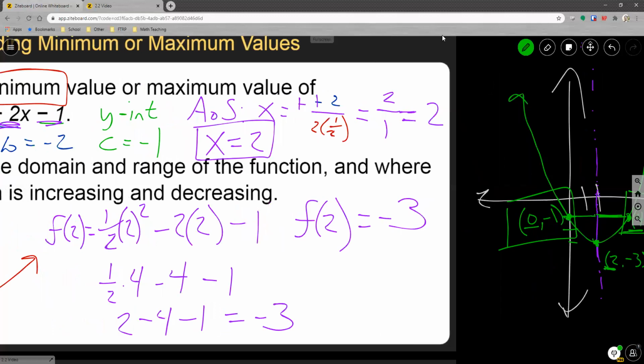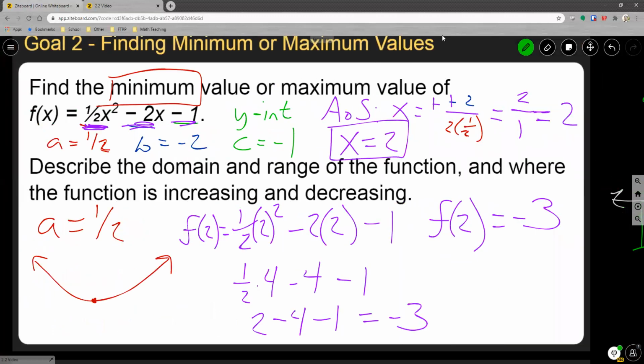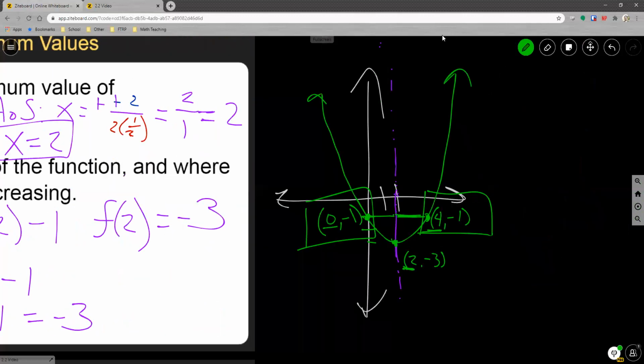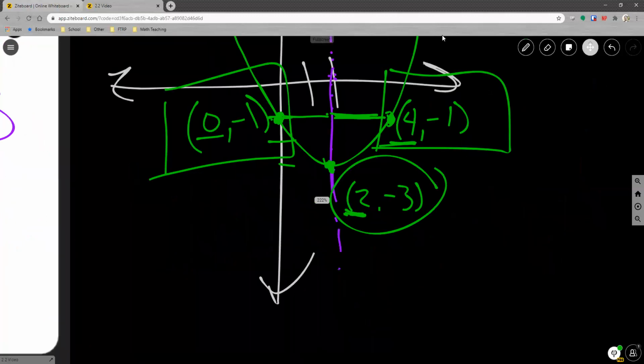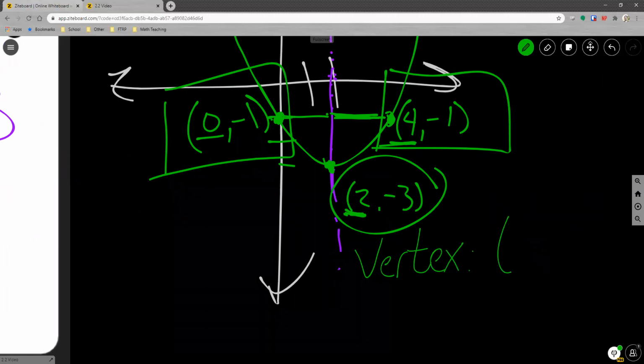Right now, we're just trying to determine the minimum value of this graph. Well, the minimum value is going to be the y value of my vertex. If my vertex is at 2, -3, that means that the minimum value is -3.